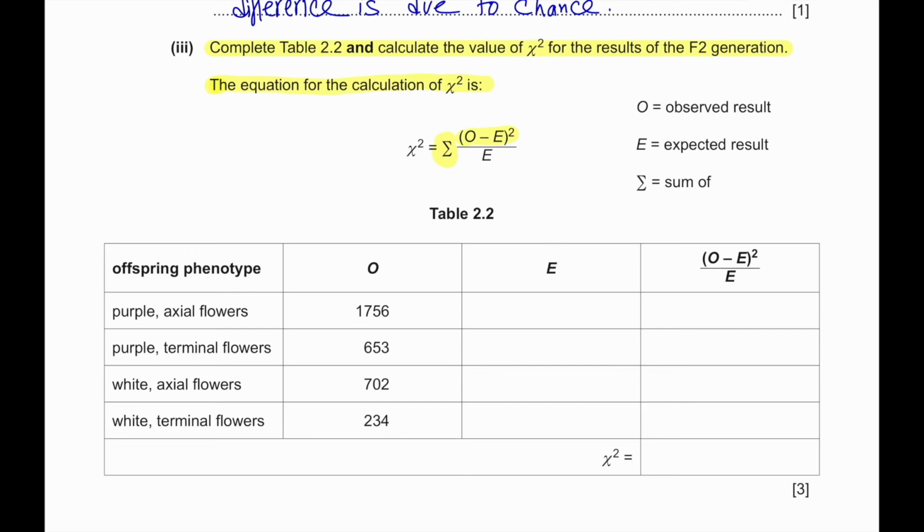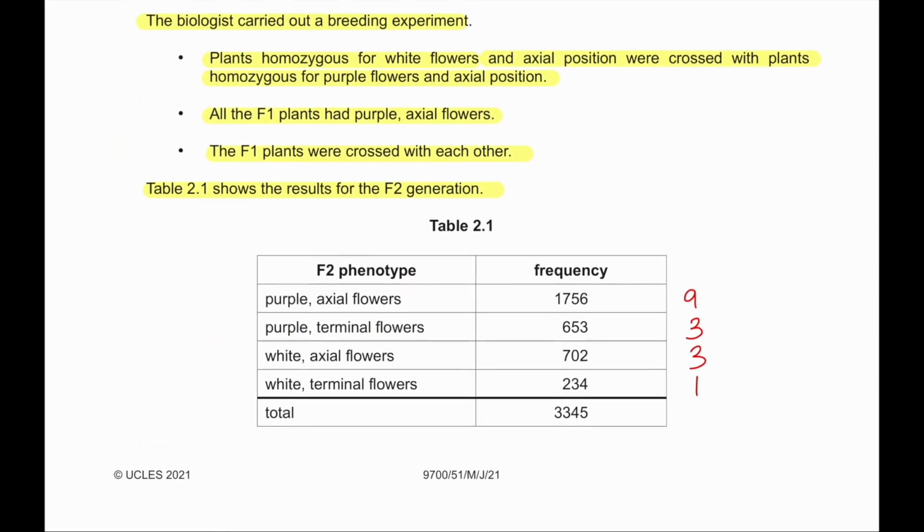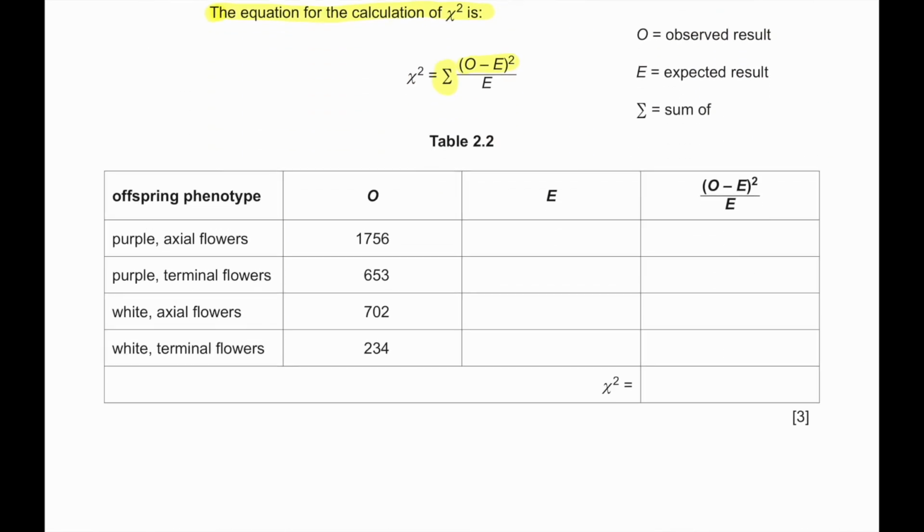So if we divide 3,345 by 16, we get a total of 209.06. Okay, 209.06.